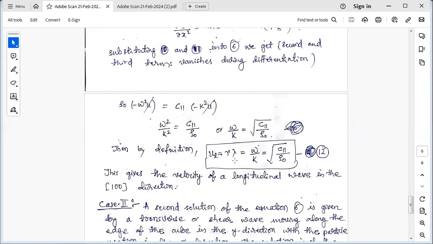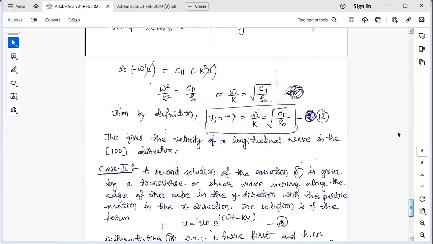Then, according to the relation connecting the velocity, frequency, and wavelength of a wave, U_L, the velocity of a longitudinal wave, is equal to f lambda. Here f means nu, the frequency, so nu lambda.